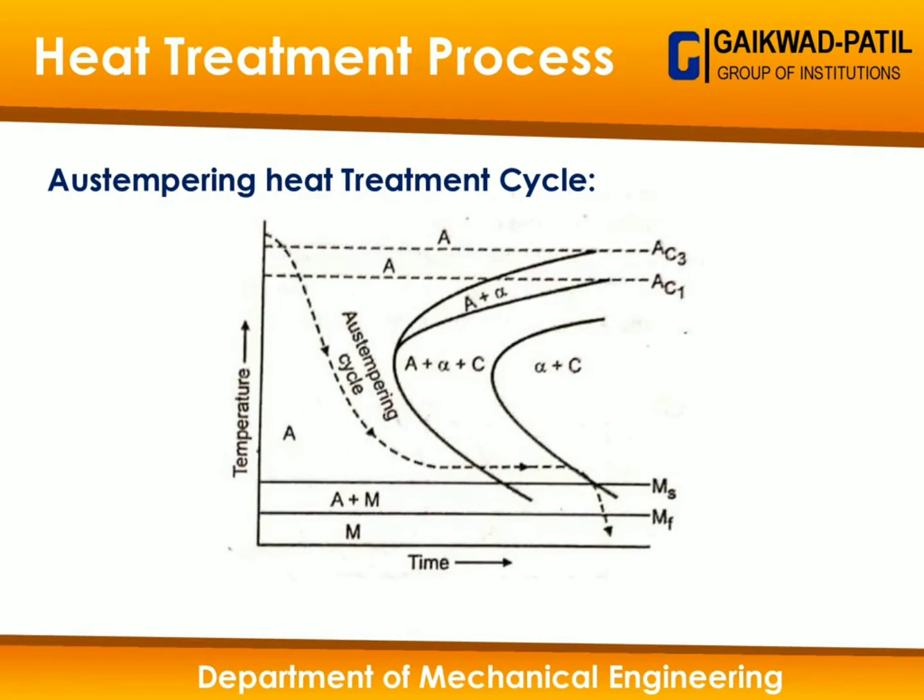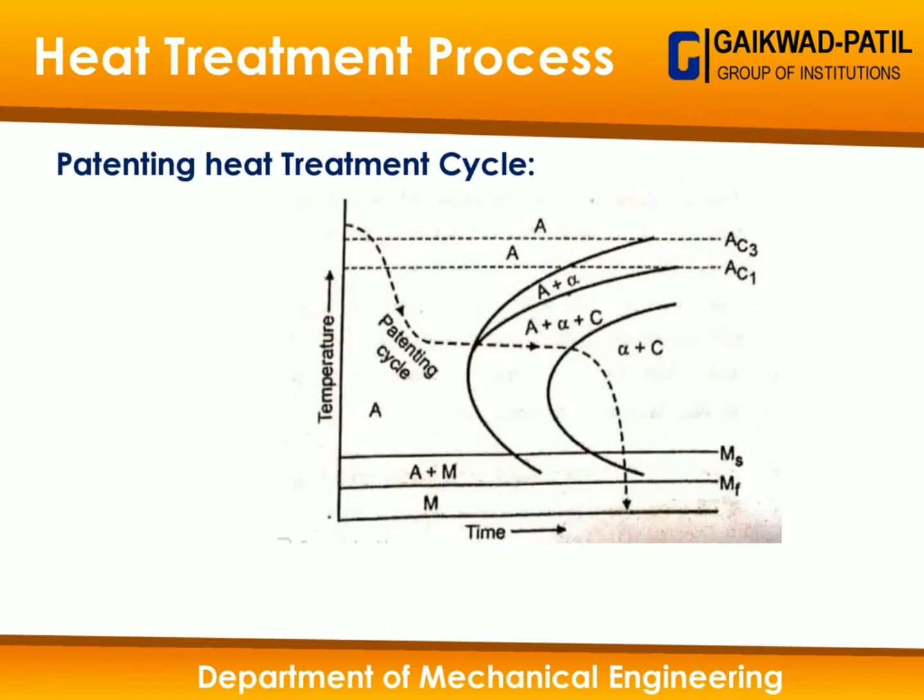Then in the patenting heat treatment cycle, the sample of gamma austenite is allowed to cool down to above 300 degrees centigrade, at the nose temperature we can say, and kept in isothermal conditions for 2 to 3 hours, then we get the pearlite plus bainite phase, right? So this is the phase transformation.